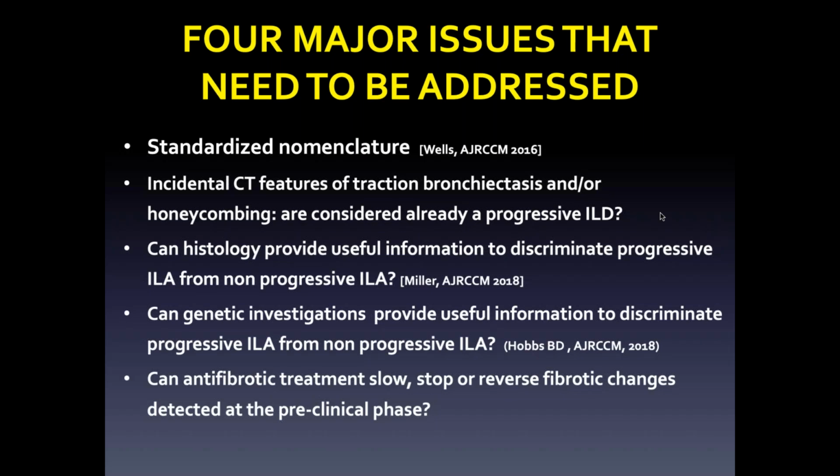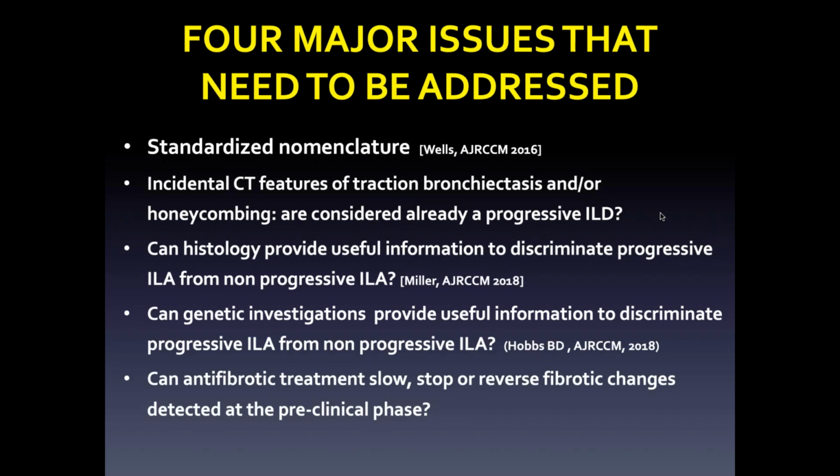Can histology provide useful information to discriminate between non-progressive and progressive ILA? And mainly, could cryobiopsy be used in this context? Can genetic investigation provide useful information to discriminate between progressive interstitial lung abnormalities and non-progressive ILA?